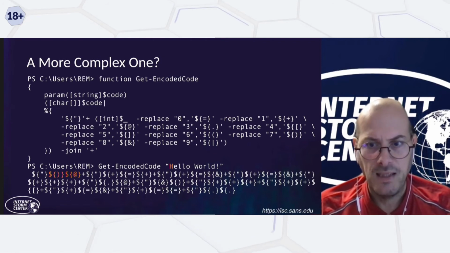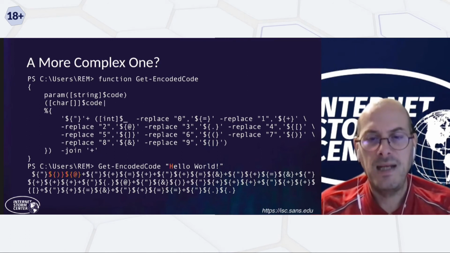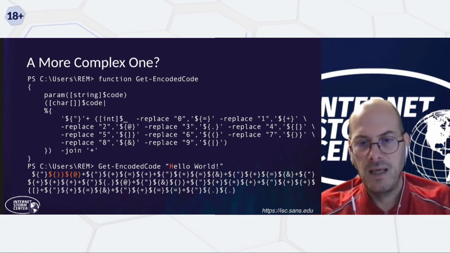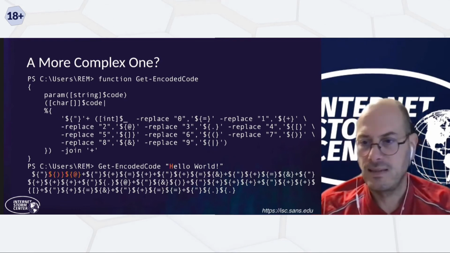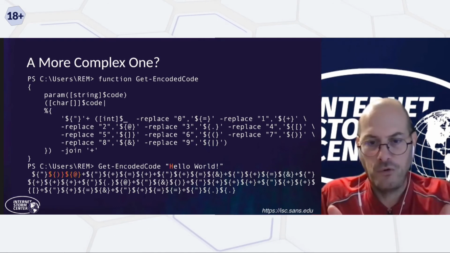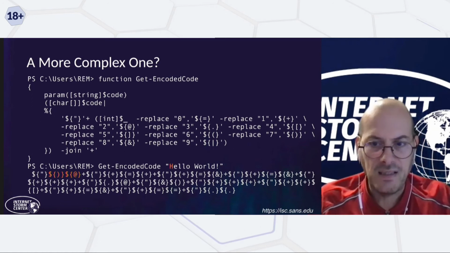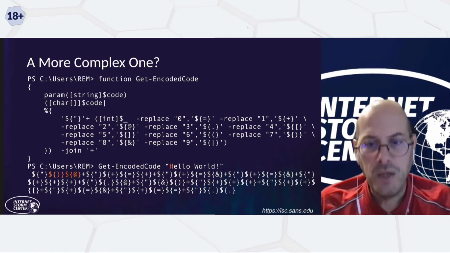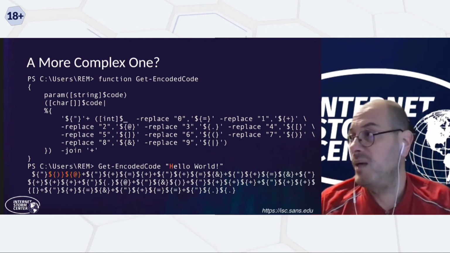So you see that it's a nice way to make your code really, really impossible to read. The result of this, hello world, will be the nice string that you see on the last line of the slide. So you convert the character into the ASCII value, and then you replace all the numbers by a string, which looks really, really weird. Don't try to read this and don't try to understand this by heart.